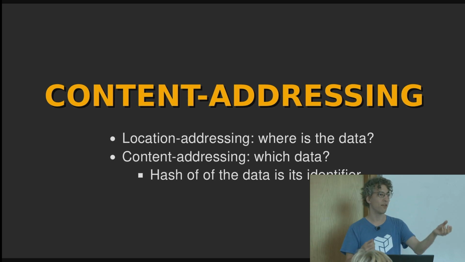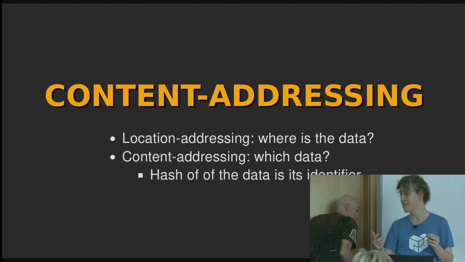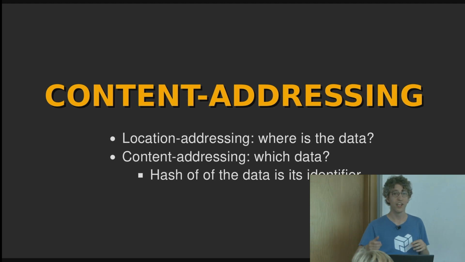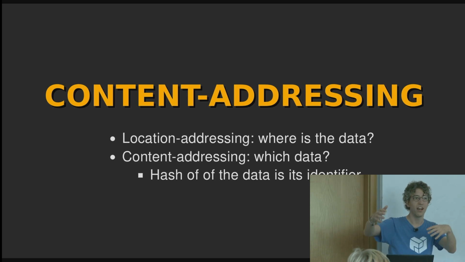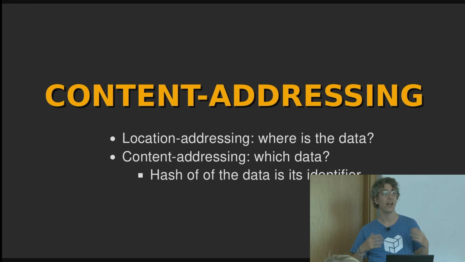You just have an identifier, and you don't care where the data comes from. Once we are all connected, you will just say, I want this data, and you get it from someone. You don't know who it is, but you get it. The identifiers are basically a hash of the data, sometimes known as a checksum.